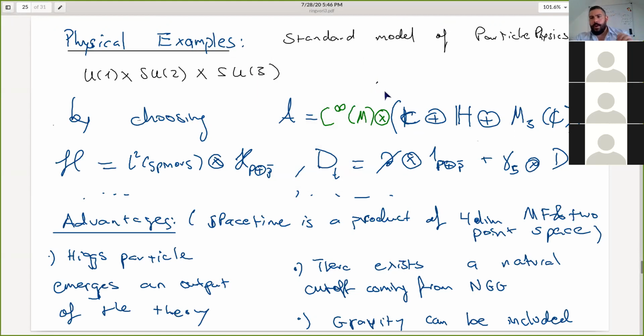So there are a few advantages here, and actually the space-time, or the underlying space of this model, is a product of a four-dimensional Riemannian manifold and a two-point space, exactly this one that I introduced earlier, right?